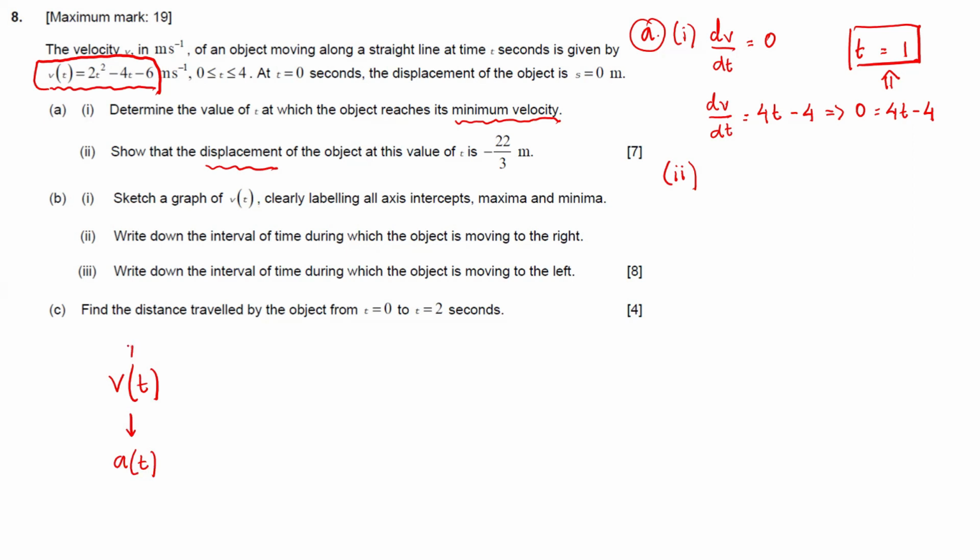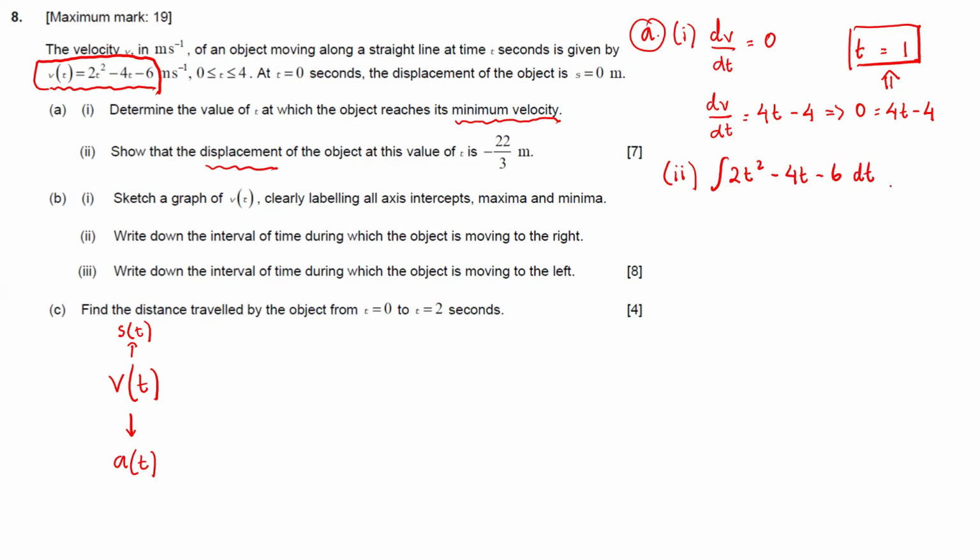But if we integrate it, we will actually have displacement, or sometimes we call it distance. So how do we get the displacement? We have to integrate 2t squared minus 4t minus 6 dt right here.